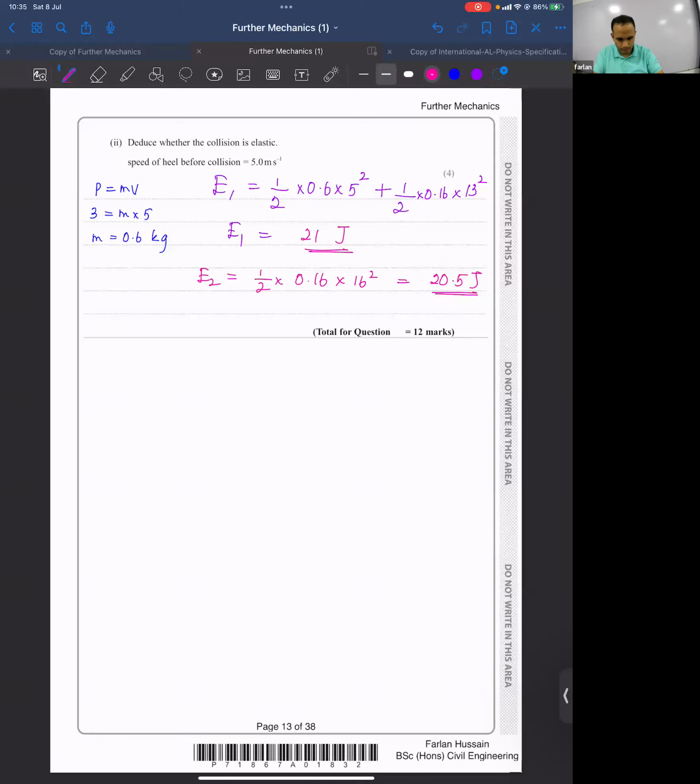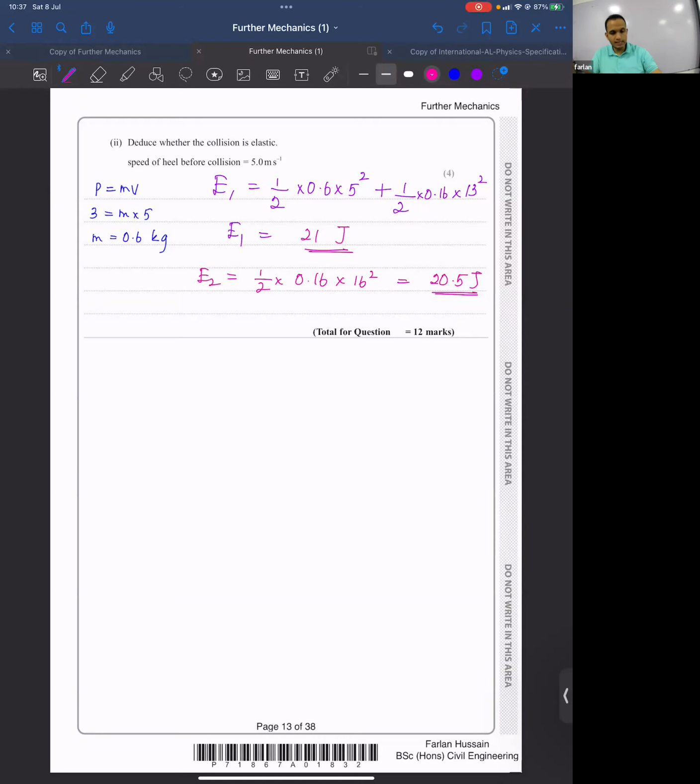This is the 2022 October paper, and then you can check the marking scheme. Anyway, write the answer.